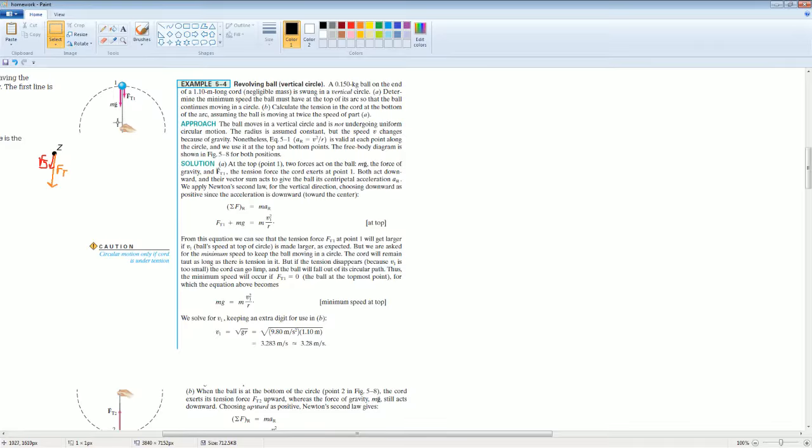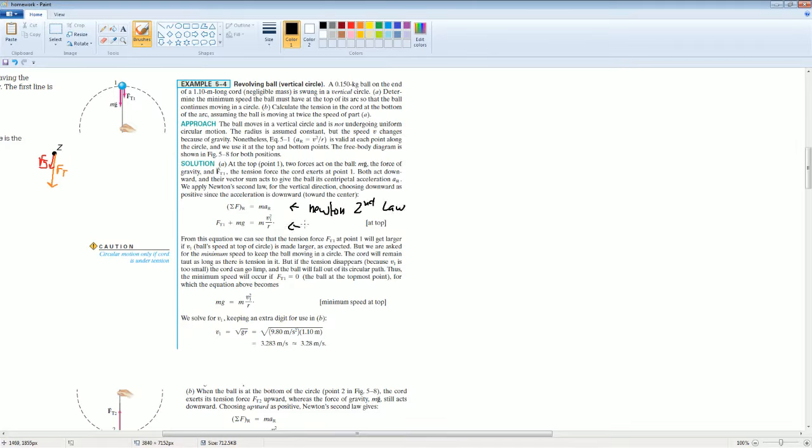Here you go, they set it up the same way. This is Newton's second law.